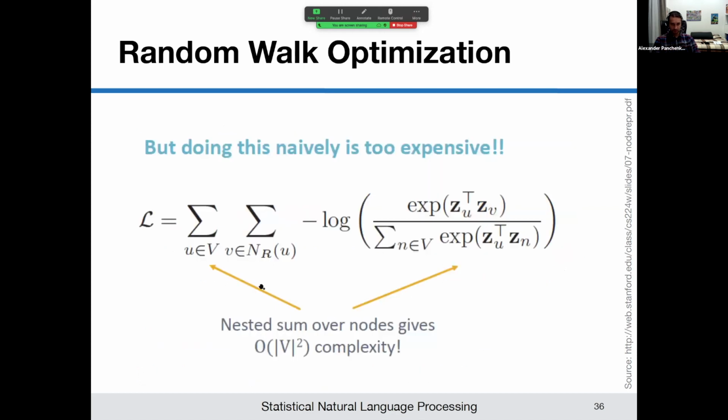Otherwise, it will mean that you have this v-squared complexity multiplied by some constant, which is, let's say, an average number of nodes in your vicinity, which, again, if your walks are large, might be also quite a large amount.